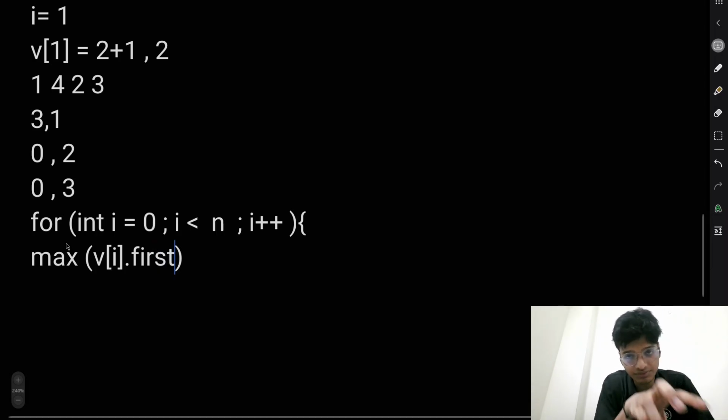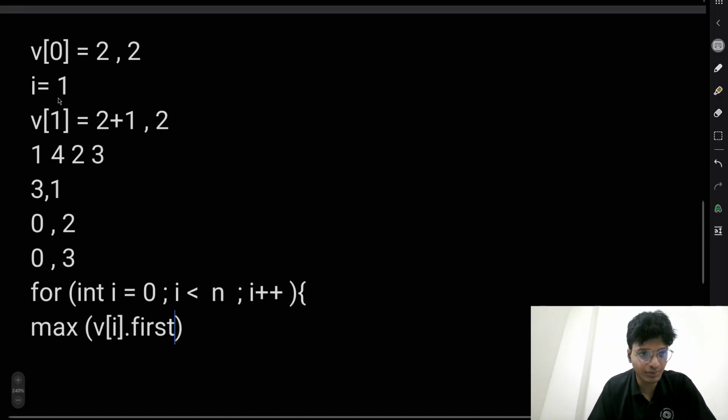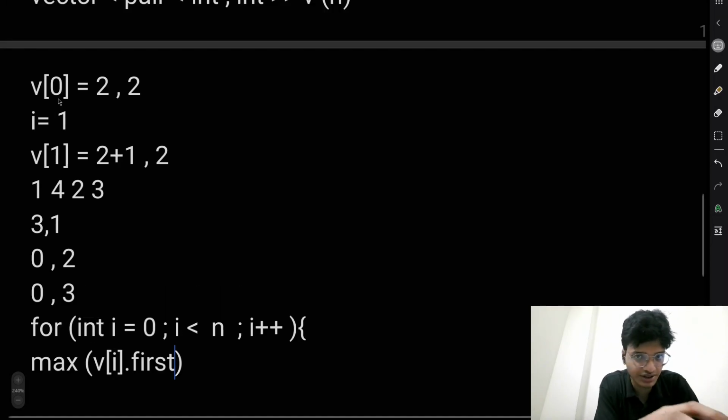We would choose the two values: index 0 points to the first index, and the first index points to the second index. That will give us the maximum value, that is the three sides. We then find the maximum value by iterating throughout all of this. So this is how we can solve this problem, I think. Yeah, we can solve it.